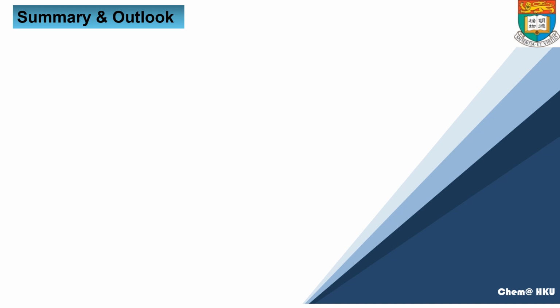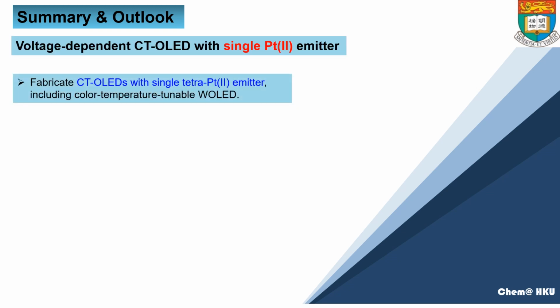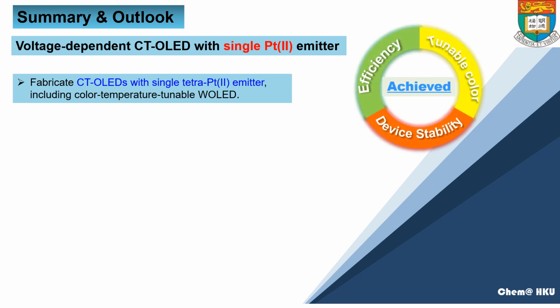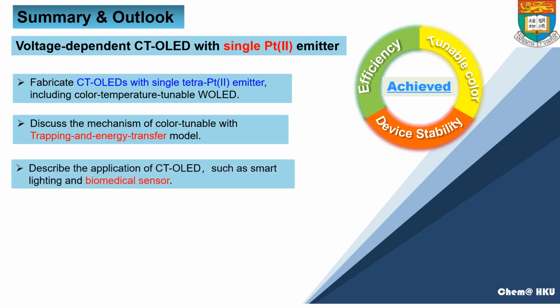Finally, I want to summarize our presentation. We fabricate color-tunable OLED with a single tetradentate PT2 emitter, including the color temperature tunable white OLED. We achieve high efficiency, wide color tuning range, and device stability at the same time. And then we discuss the mechanism of the color-tunable phenomena with the trapping and energy transfer model, and verify our hypothesis.